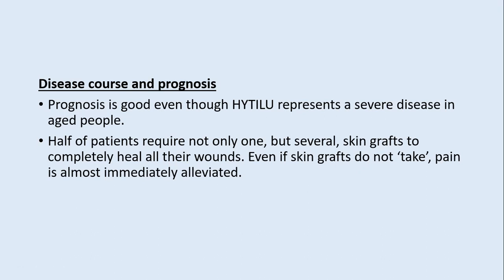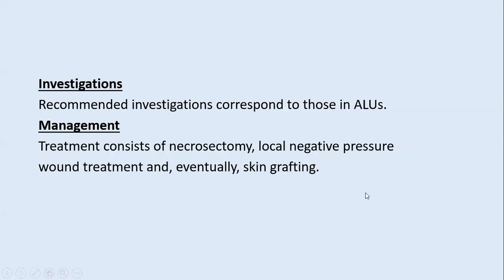Prognosis is good even though hypertensive ischemic leg ulcer represents severe disease in aged patients. Half of the patients require not only one but several skin grafts to completely heal the wound. Even if a skin graft does not take, pain is almost immediately alleviated.